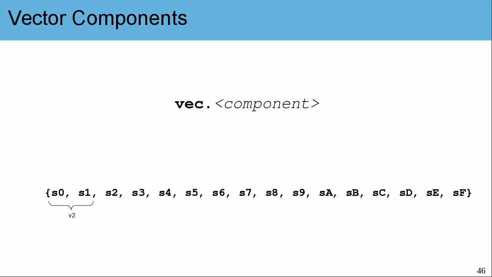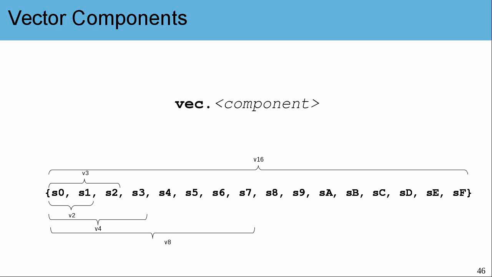If we have a 3-width vector, we can use s0 through s2. If we have 4, s0 to s3. If we have 8, s0 to s7. And if we have the full 16 width, we use s0 through to sf. So pretty natural. Just remember how to use this addressing scheme, and doing vector operations is pretty simple.